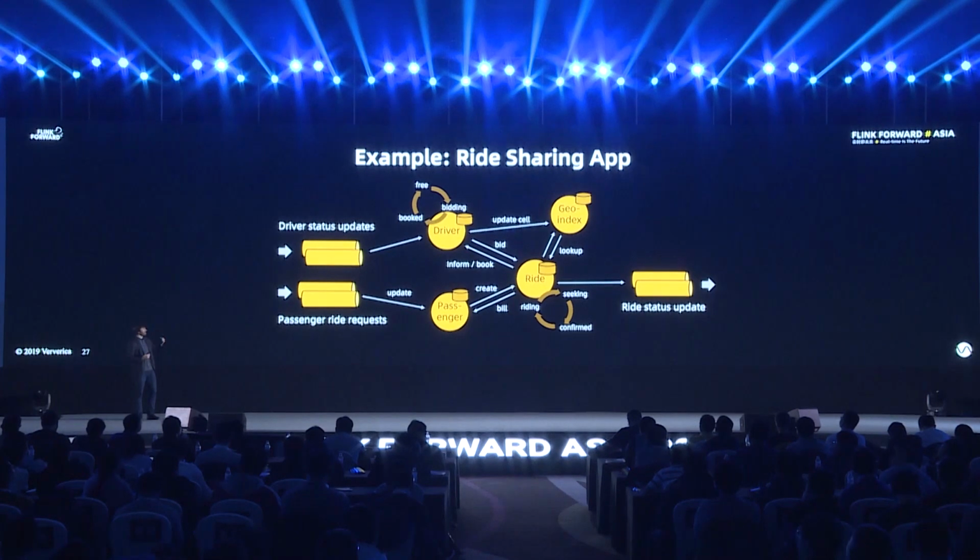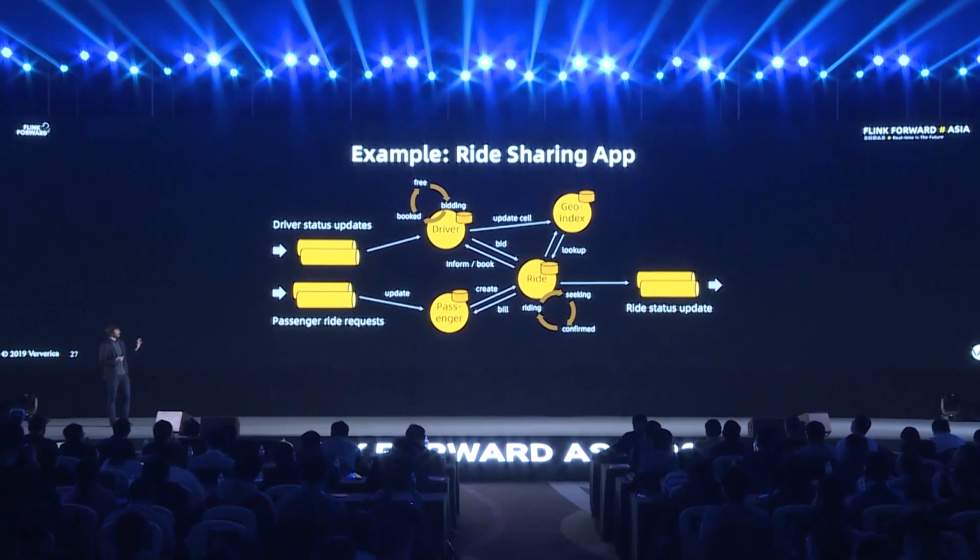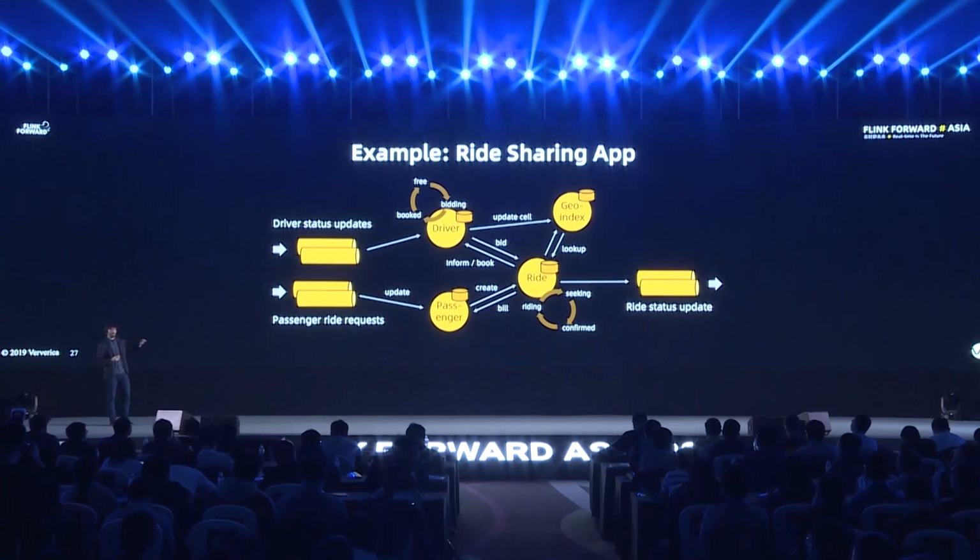And when you start with a passenger sending an event that they would like to join a ride, then the passenger would message the ride function, which in turn would contact the geo-index and the drivers and find out what driver is in the vicinity, talk to many drivers, decide which one would be the driver to take the ride, and then communicate that back to the passengers.